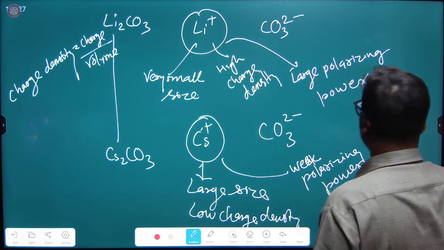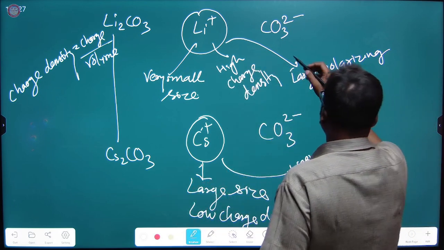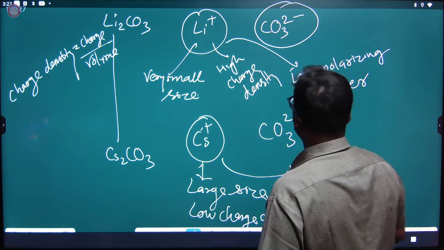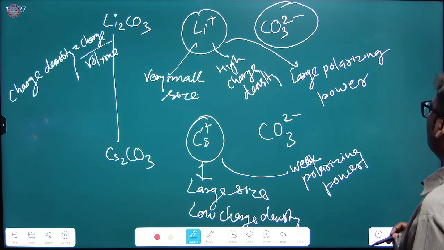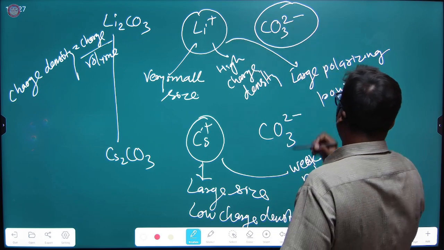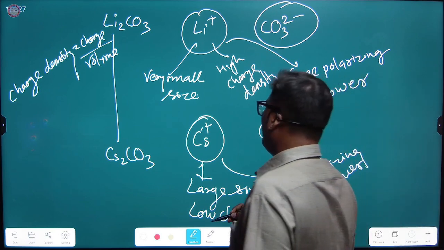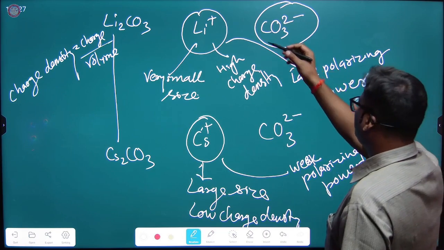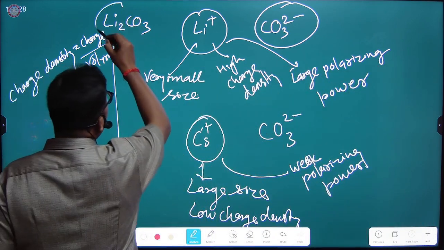Okay. So, high polarizing power means it can distort the structure of this carbonate ion, which is larger in size compared to lithium plus. So, once it has distorted the structure of the carbonate ion, it has some covalent character. Ionicity decreases in this compound, meaning lithium carbonate is not a pure ionic compound.